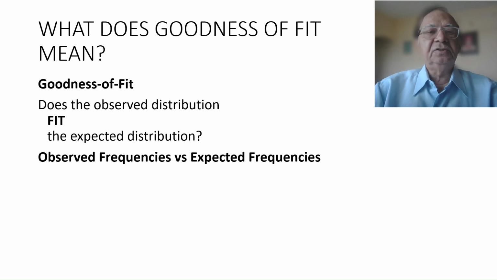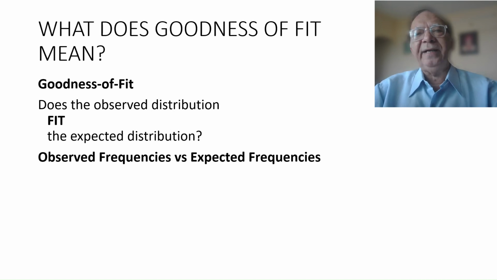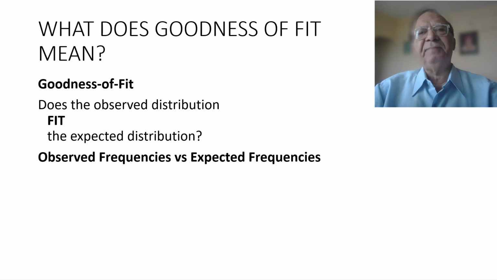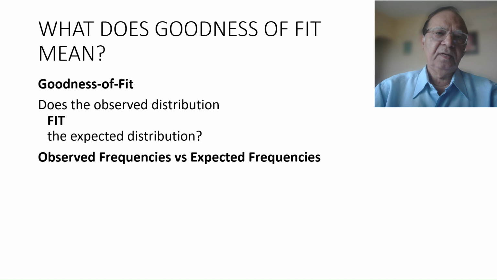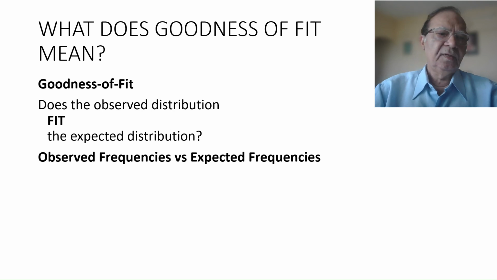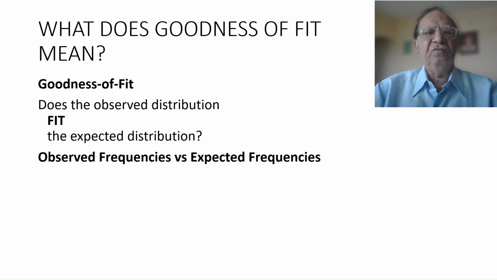The words goodness of fit may initially sound technical, but the idea is quite simple. We have an expected pattern. Then we collect actual data and obtain an observed pattern. The test examines whether the observed distribution fits the expected distribution reasonably well.